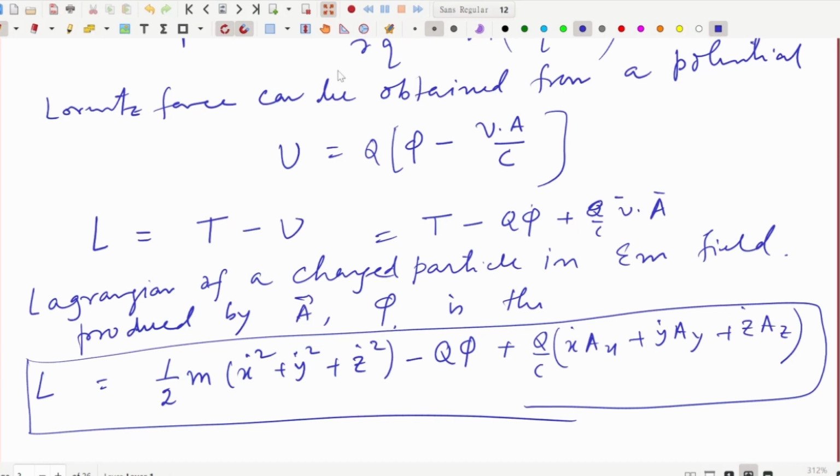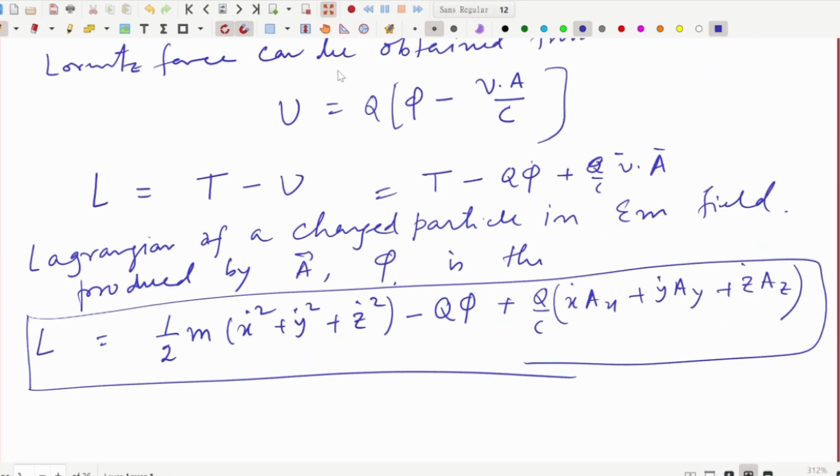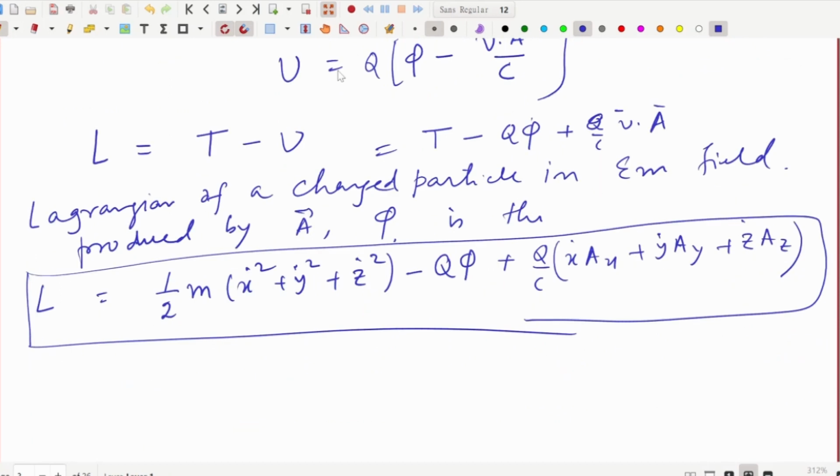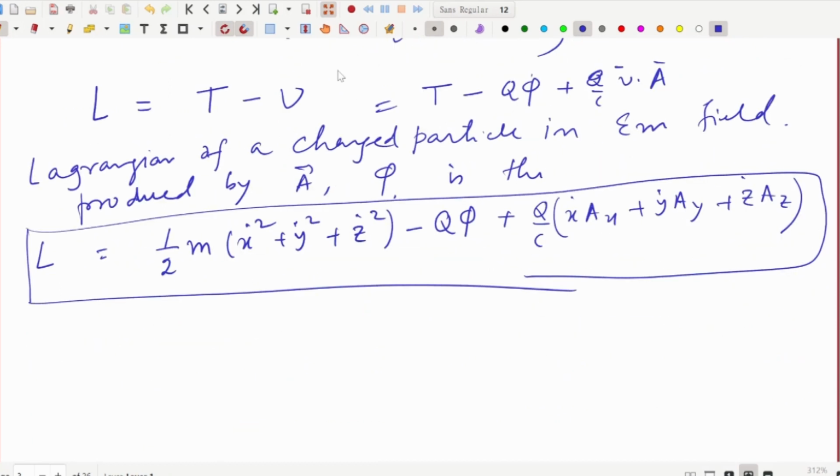Now let us consider a simple example of how to write the Lagrangian for a simple situation, and then we will check whether this Lagrangian is correct or not. Suppose you have a charged particle with charge q in a magnetic field.